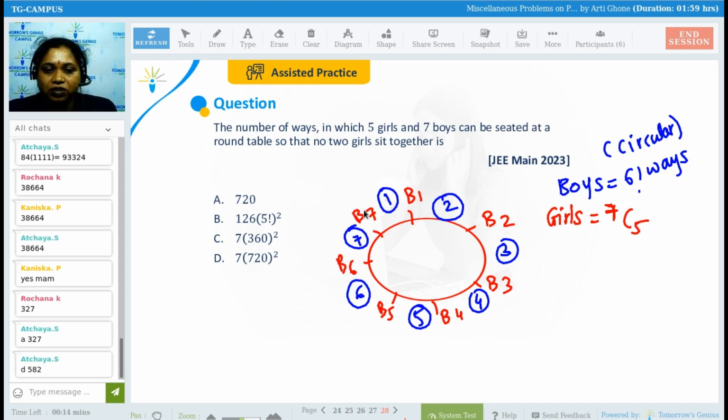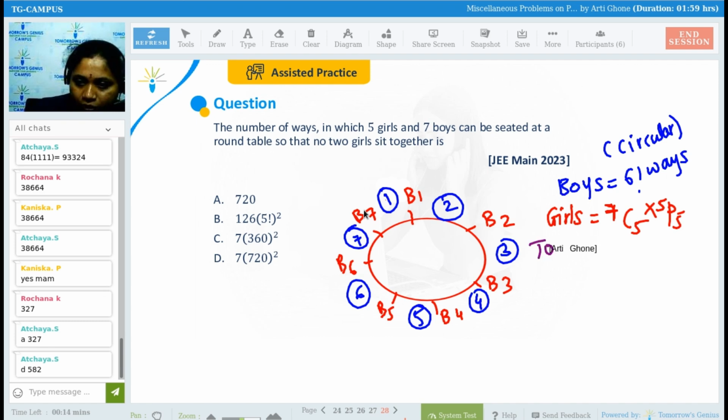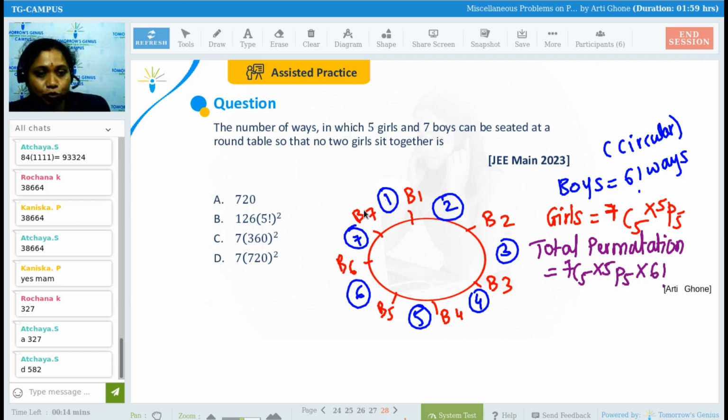That means it will be 7C5. And those 5 girls also internally can change their position, so this one will be 5P5. Therefore, total arrangement is 7C5 into 5P5 into 6 factorial, because boys and girls are arranged together, right?